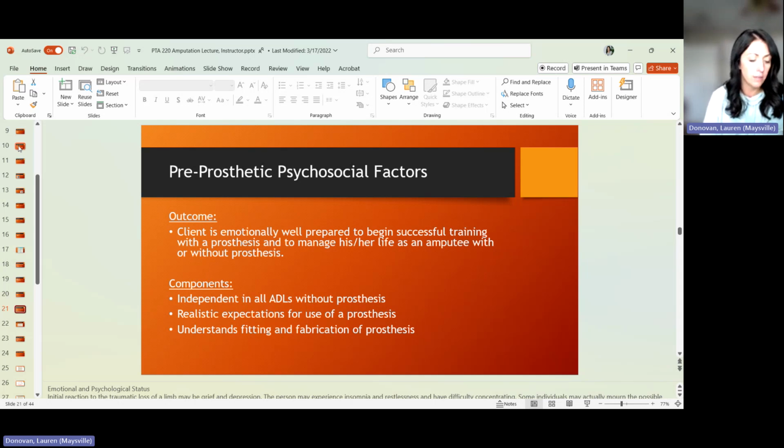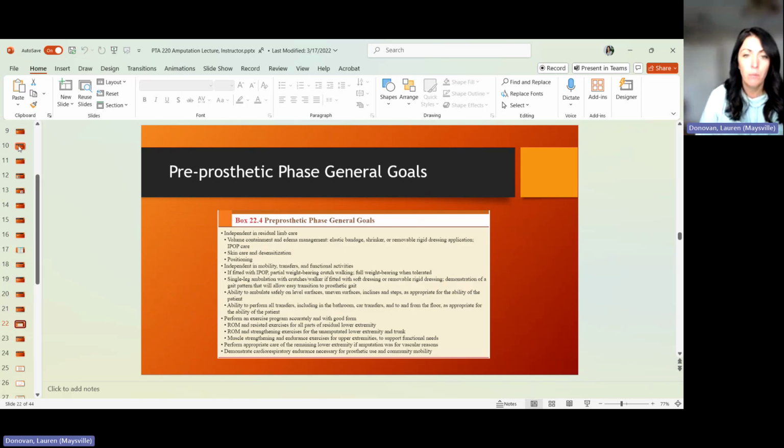There are a lot of things that come into play in how they're going to heal and function. Here are all these other pre-prosthetic phase general goals that you can look over: range of motion and strengthening exercises, especially for the unamputated lower extremity, are always really good to implement, even the upper extremity, because of resistance from using assistive devices.